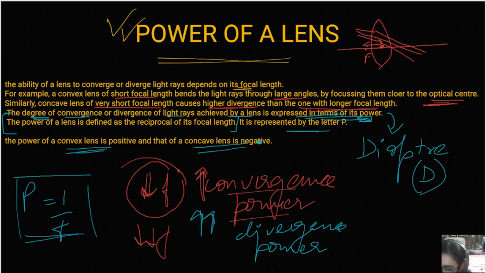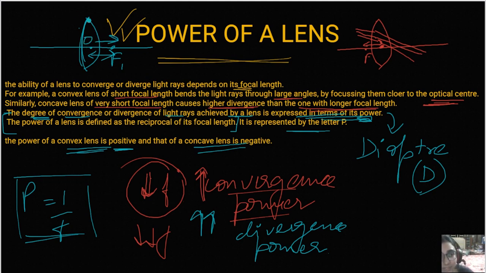It is easy to understand because for a convex lens, we are considering the focal length of its first surface. The first focus is on this side, right? So this is the measurement, and this is positive because it is on the right side of the optical center, and we know everything measured on the right side of the optical center is positive.